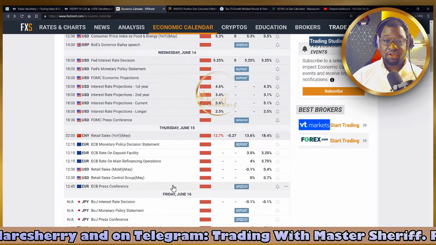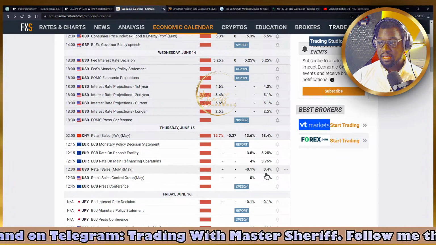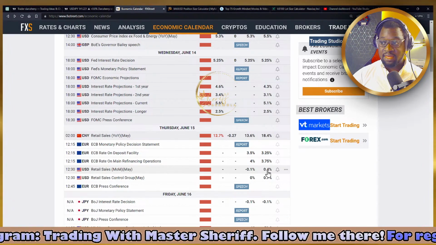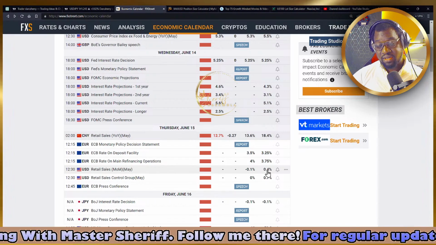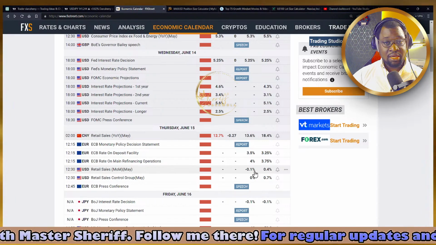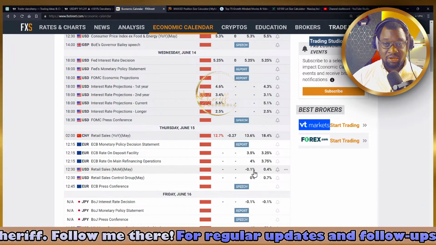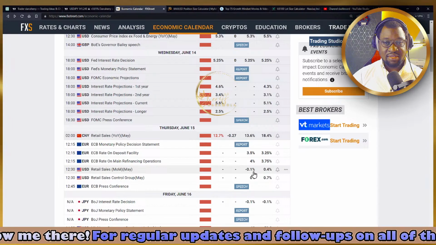If you look at the previous data under the retail sales month-on-month index, you will see that the previous data, for the month of April, came in at 0.4%, which was a little bit on the positive side. But the general consensus among economists is projecting a minus 0.1%, which is a little bit negative.